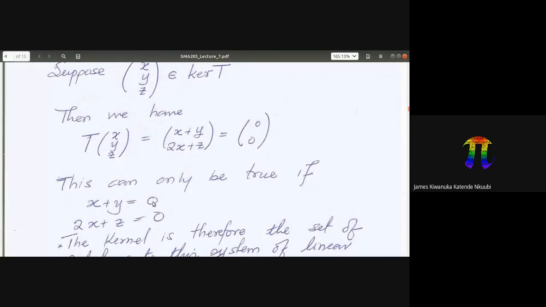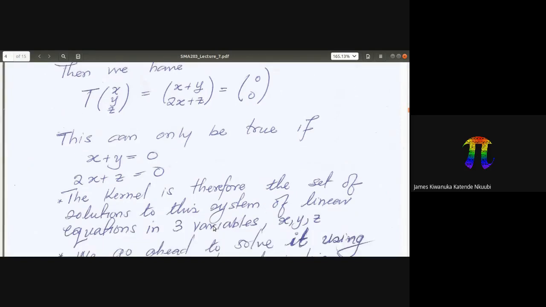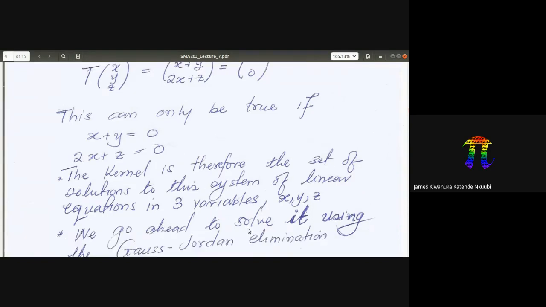Now you can solve this system of linear equations. The solution to this system, all the vectors that satisfy this system, will be in the kernel. So let's see, we learned how to solve systems of linear equations.